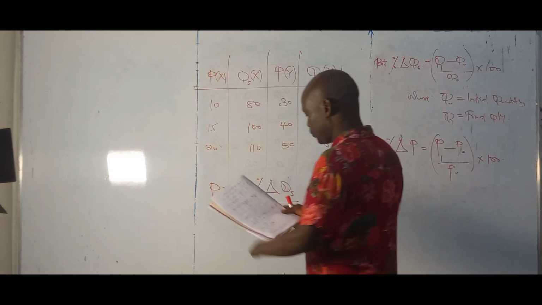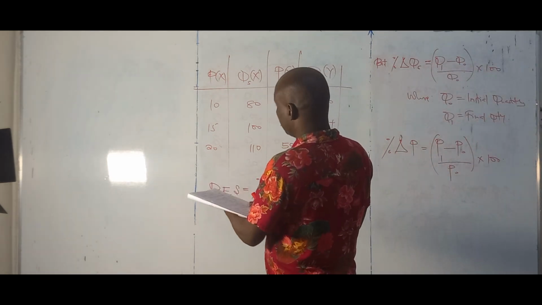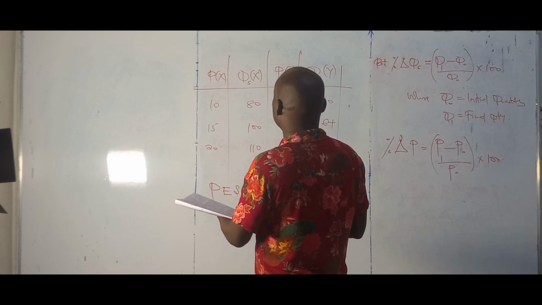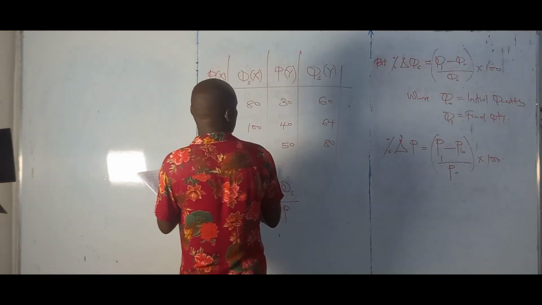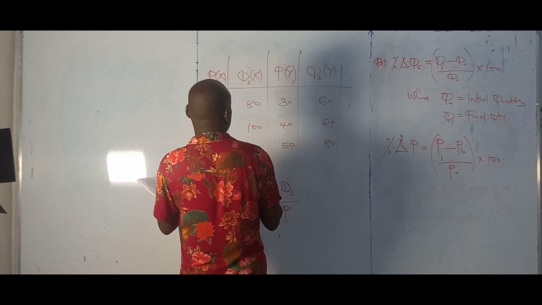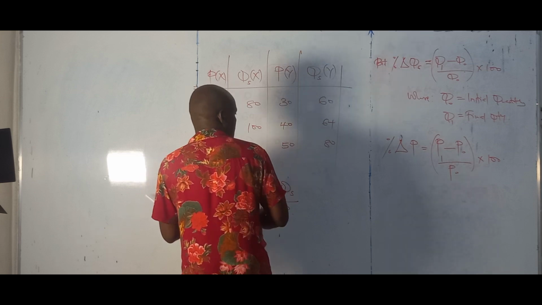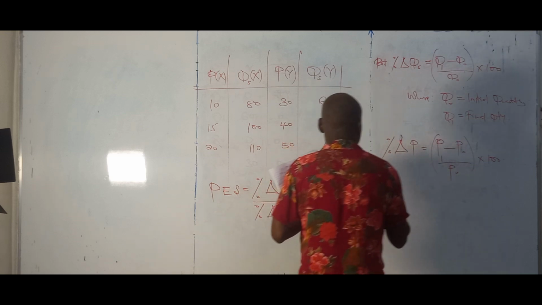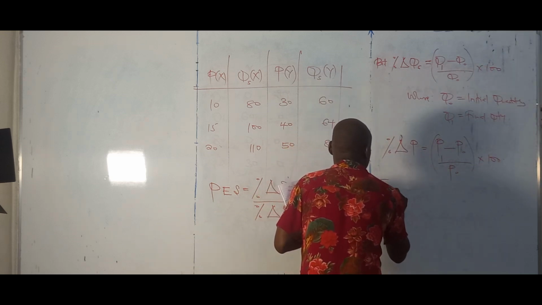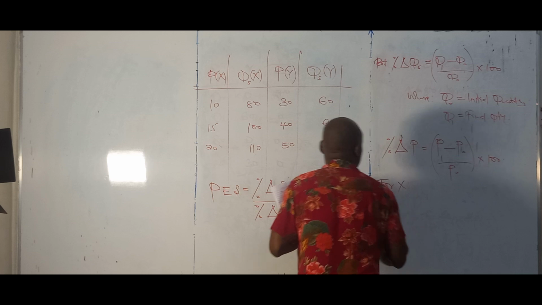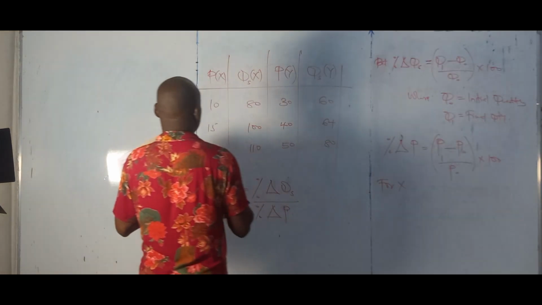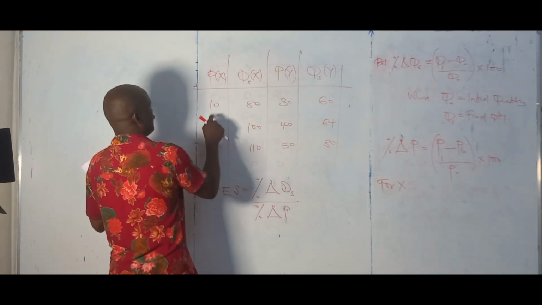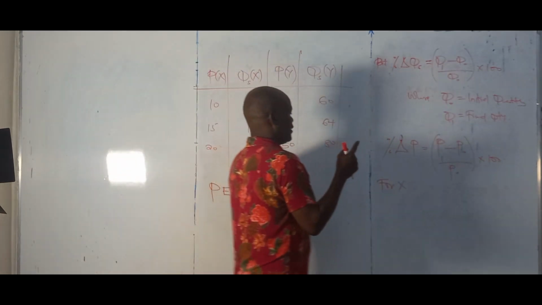Let's consider price changes. You see there are two different products, so let's first consider product X, and for X, first we consider the price range 15 to 10.